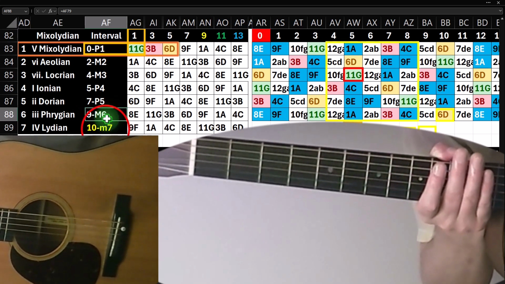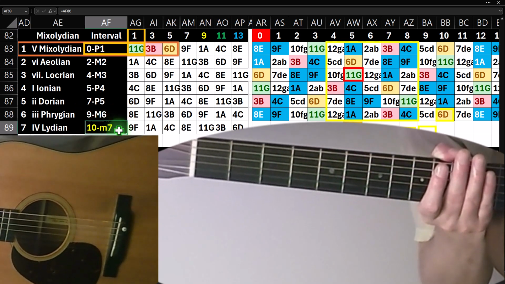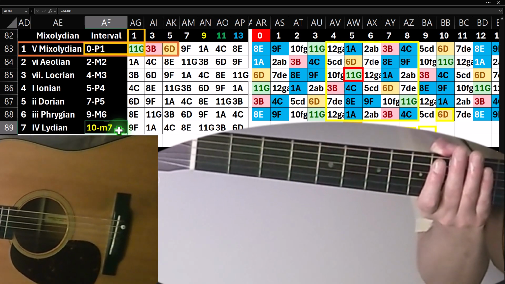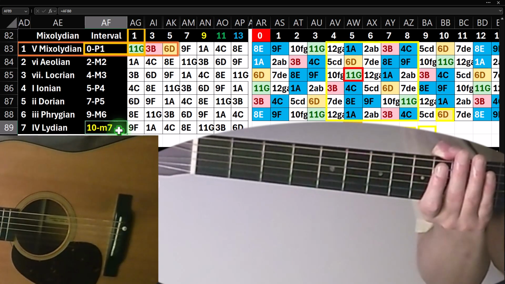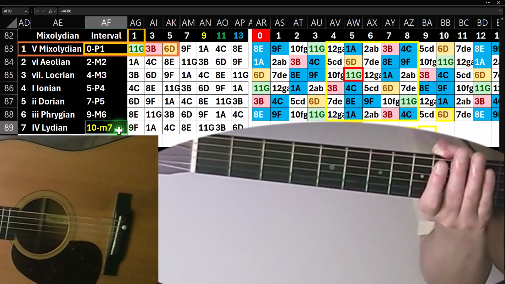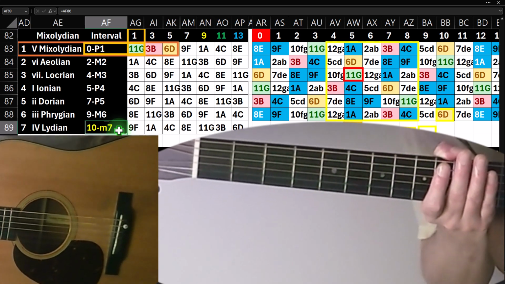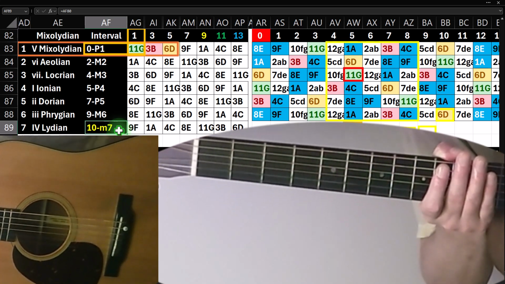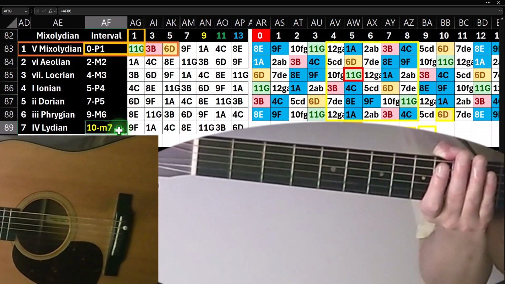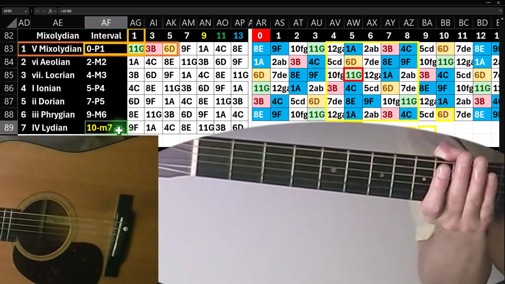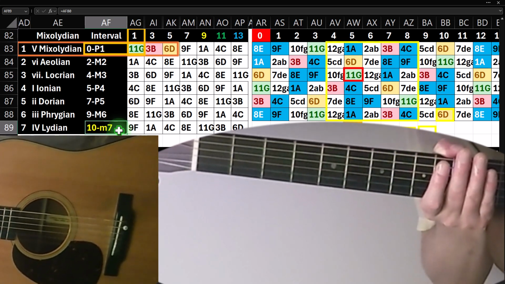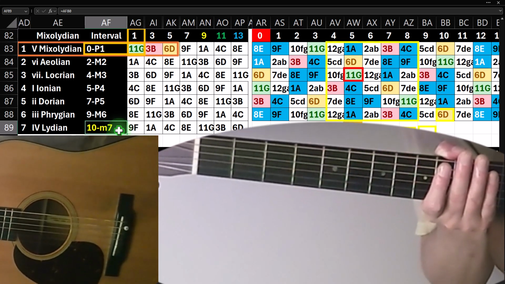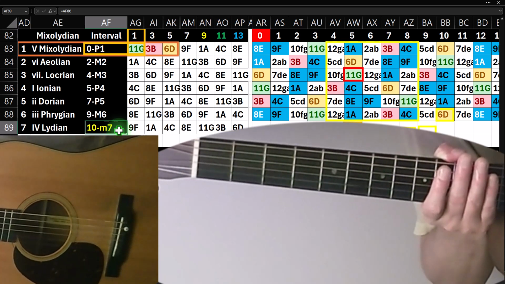And then finally, we have the distinguishing interval. This is the only thing that's different between the Mixolydian mode and the major or Ionian mode, and that's a 10 note away minor 7. This is an important interval to note, because a 10 note away minor 7, as opposed to an 11 note away major 7, is actually more common through all the modes, because it's there on all the minor modes.